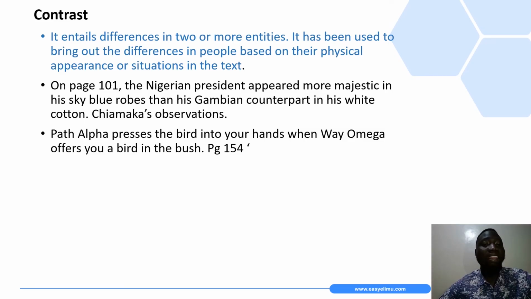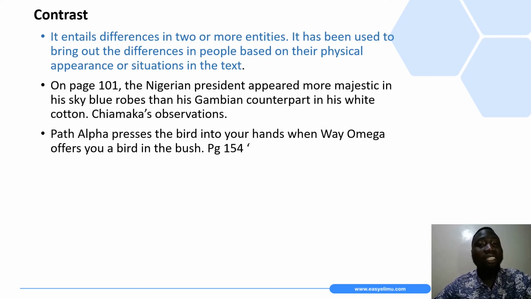Again, Path Alpha presses the bird into your hands when Way Omega offers you a bird in the bush. There is also a difference that is brought out here, between the Path Alpha document and Way Omega document. Hope I'm not being too fast. So it is said that Path Alpha presses the bird into your hands when Way Omega offers you a bird in the bush.